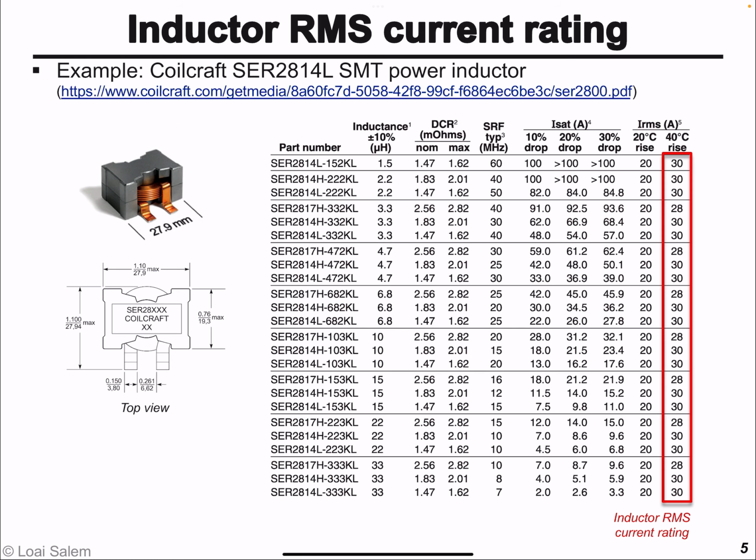Now, if we look into the data sheet of an inductor, we'll find that it provides the RMS current that causes a 40 degrees C temperature rise.